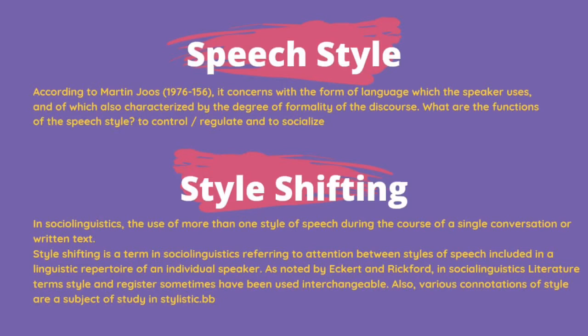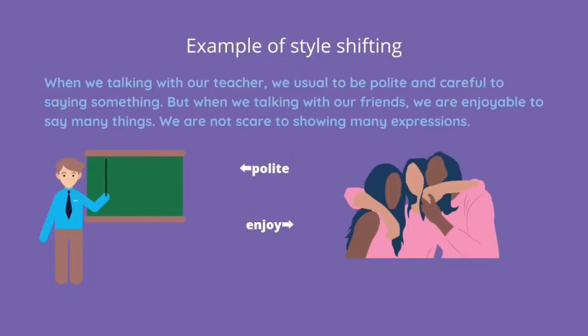In sociolinguistics, the use of more than one style of speech during the course of a single conversation or written text. Style shifting is a term in sociolinguistics referring to a shift between styles of speech included in the linguistic repertoire of an individual speaker.